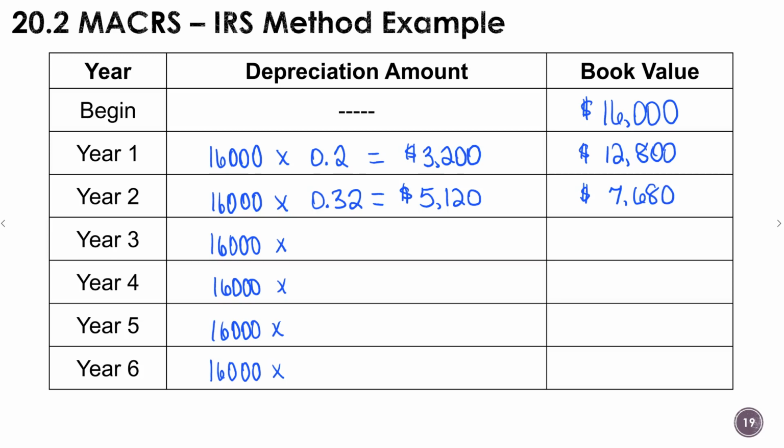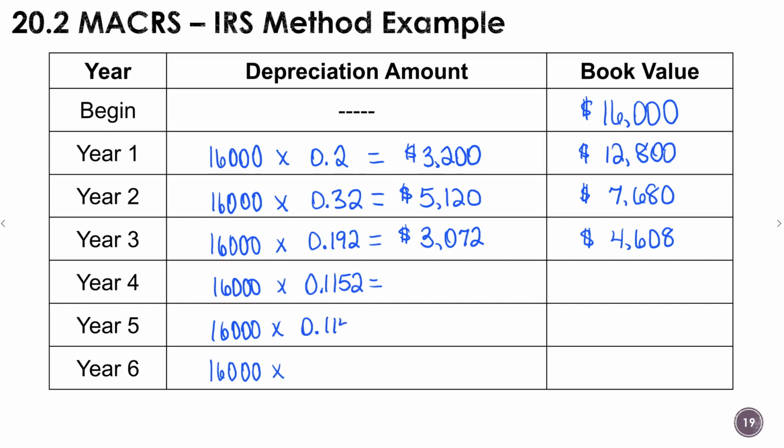On the next year, we multiply by 19.2%, which is 0.192. And this year we will deduct $3,072. So now our book value is 4,608. Year 4 is 11.52%, so that's 0.1152. And in fact, year 5 is the same percent.